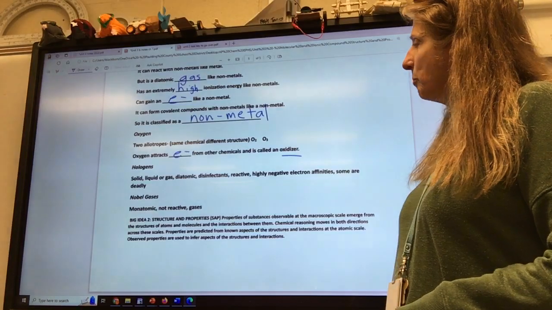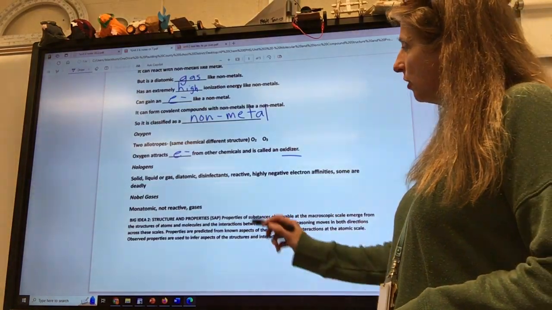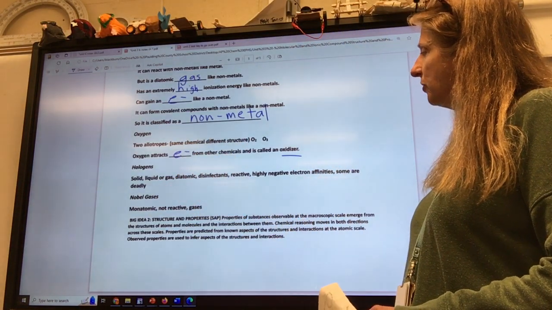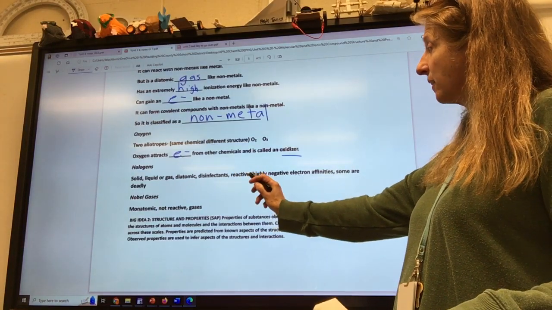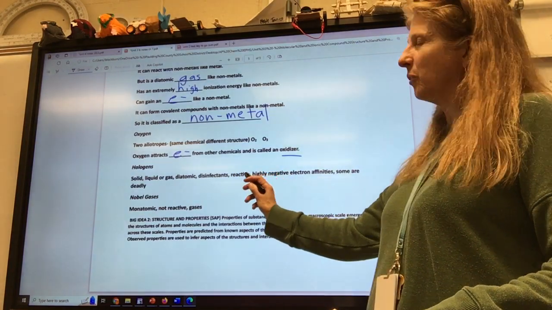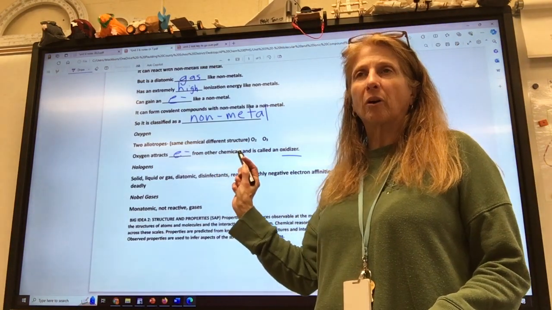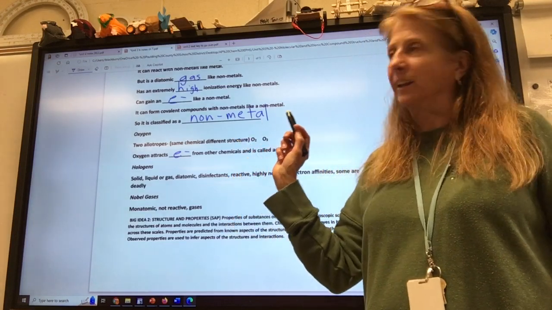And then a little bit more about halogens. Halogens can be solid, liquid, or gas. They're diatomic. Remember, they're part of our 7 diatomic molecules. They're used for disinfectants. They're very reactive. Whatever you put them in, they get out of. So you know how in Jurassic Park they say nature finds a way because the dinosaurs just keep coming back and eating you?